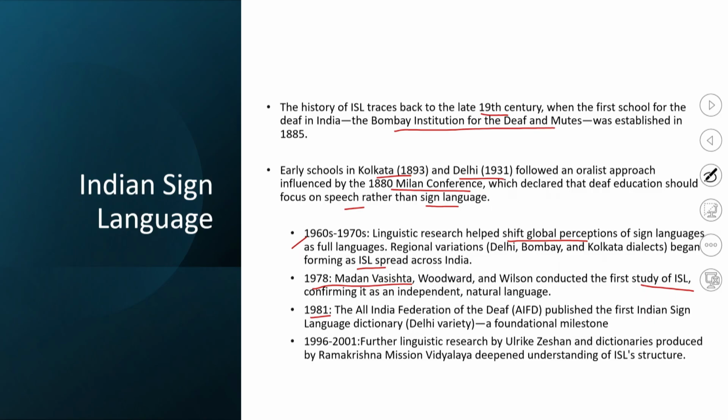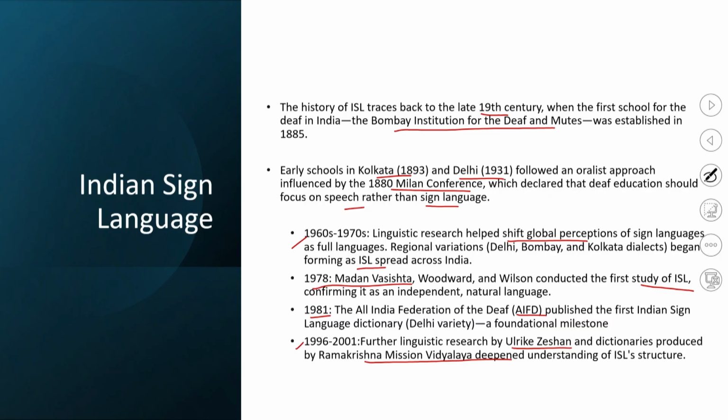In '81 the All India Federation of the Deaf published the first Indian Sign Language Dictionary, and from '96 to 2001 there was further linguistic research by Ulrike Zeshan and others. The dictionary produced by Ramakrishna Mission Vidyalaya deepened the understanding of ISL's infrastructure in the Indian context.